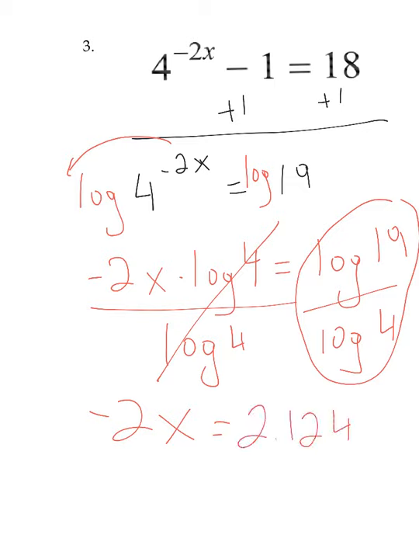So now I get the equation negative 2x equals 2.124. How do you get x by itself? Divide by negative 2 on both sides. My calculator tells me that the answer is negative 1.062.